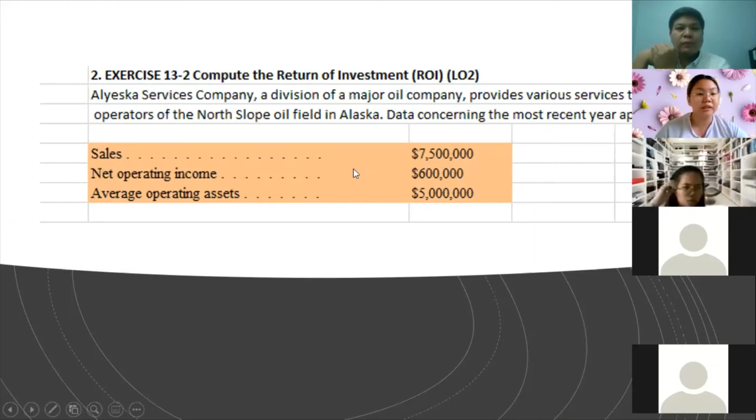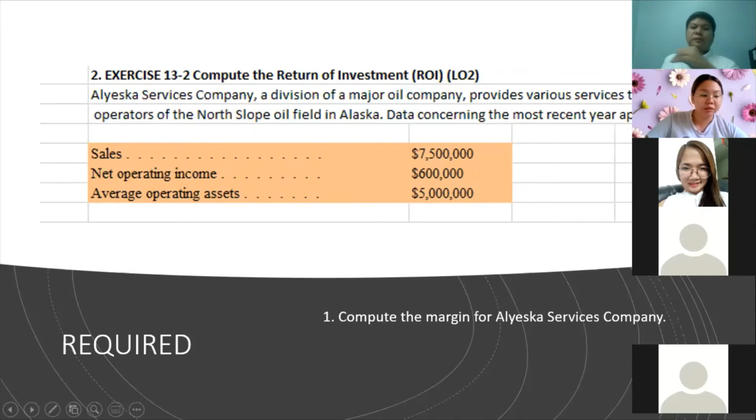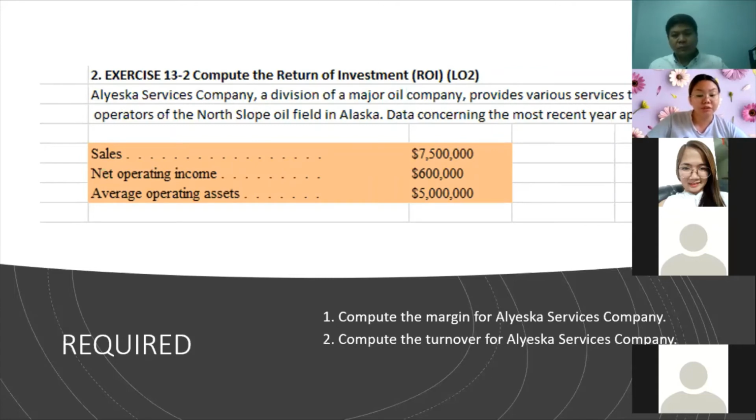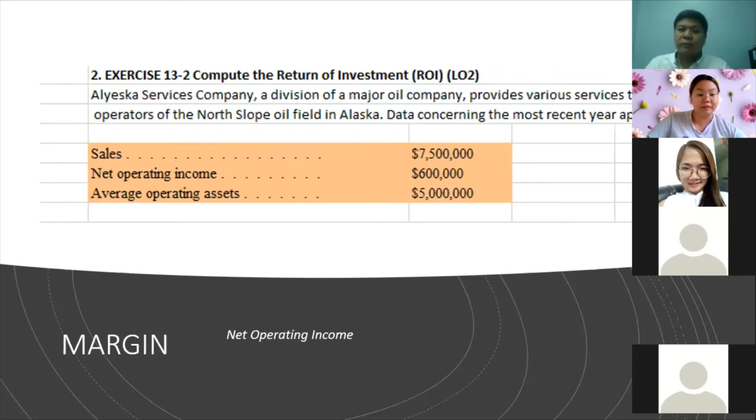Sales are $7.5 million, net operating income is $600,000, and average operating assets are $5 million. Required is to compute the margin, the turnover, and the return on investment or ROI for Alyeska Service Company.